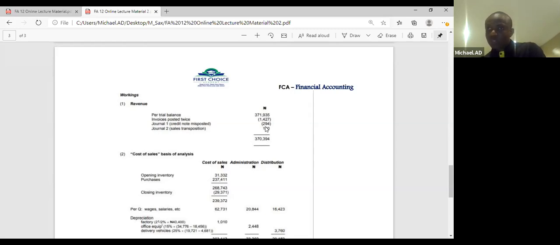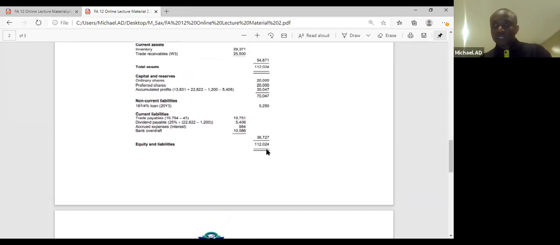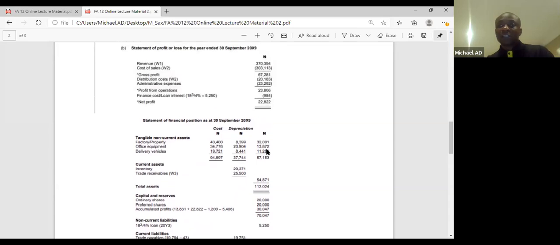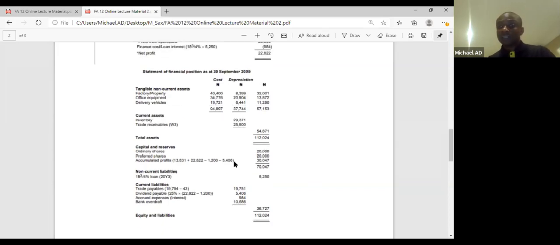So if you remove 1,721 naira from 180, it's going to give you 1,541 naira. But then this figure won't actually be affecting our revenue, because we have actually adjusted it in our revenue in the first place, so there's no point adjusting it from our profit. Actually, there's no need for that.